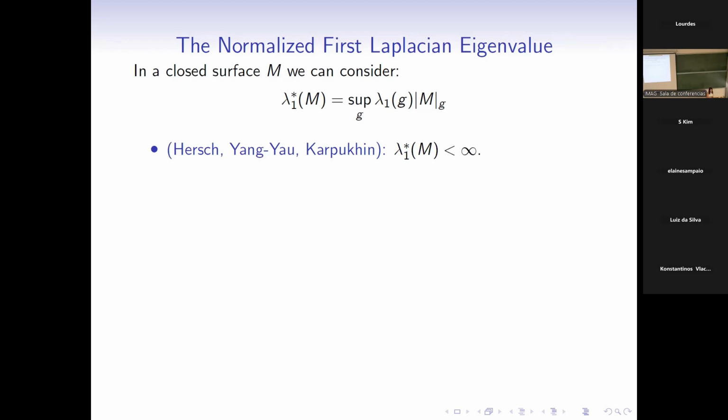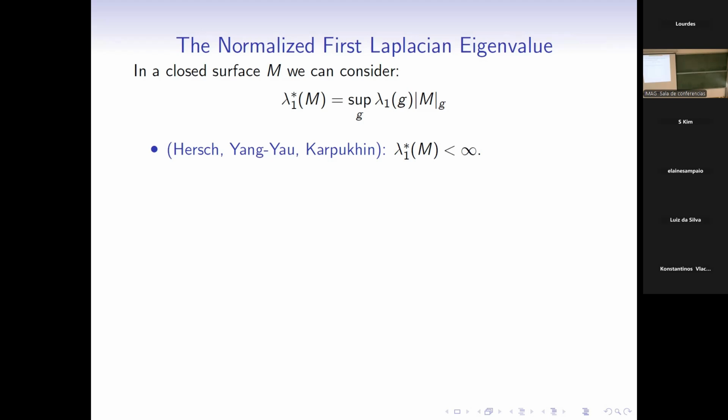It was proved first by Hersch. He was the first one to consider this quantity here, and he concentrated on the case of the sphere. Then Yang and Yau proved it for any orientable surface, and then Karpukhin observed that it is also true for the non-orientable ones.